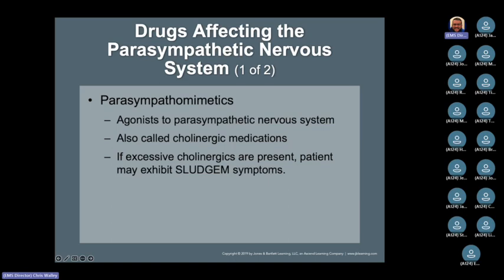If excessive cholinergics are present, the patient may exhibit SLUDGEM. Y'all remember those when we talked about exposure to certain chemicals. For the ones that may not have it memorized, you have salivation and sweating, lacrimation, urination, defecation and or drooling and diarrhea.